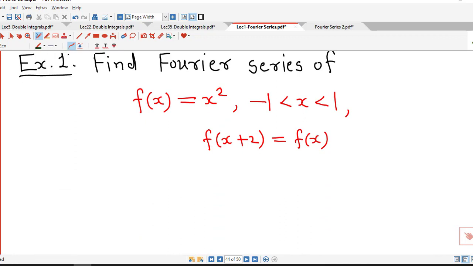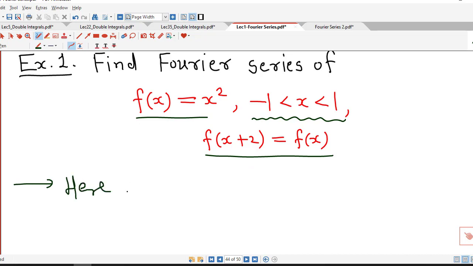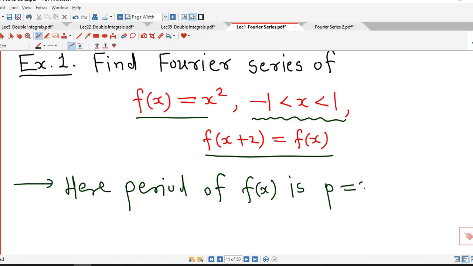Here our function is f(x) equal to x square, interval is from -1 to 1, period of function is 2. So here first we write down period of f(x) is p equal to 2, and therefore L is p divided by 2, which is 1.